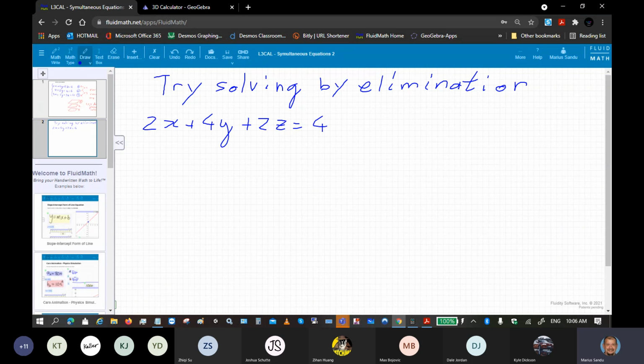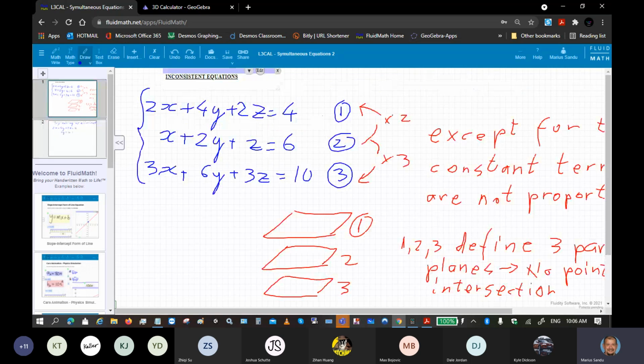The next one is x plus 2y plus z equals 6.